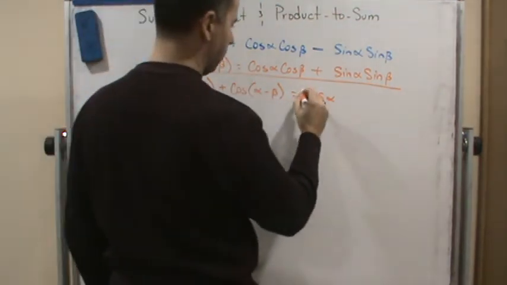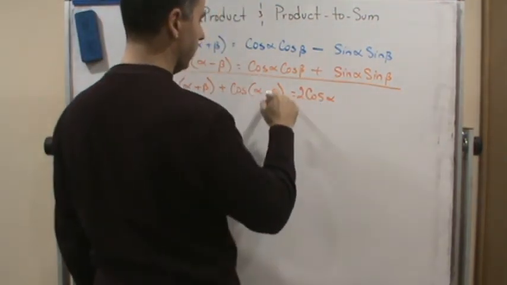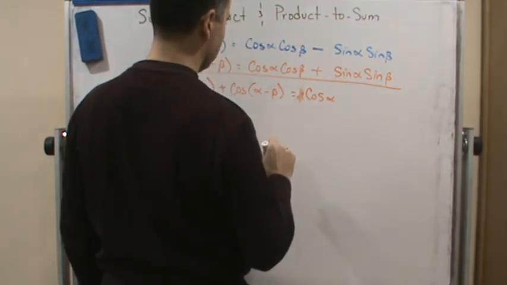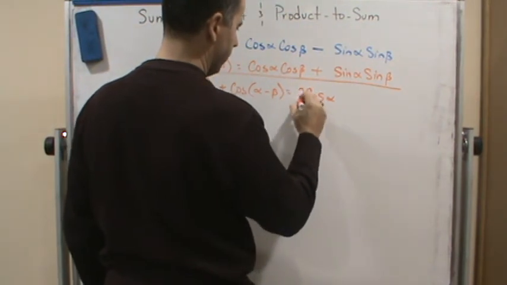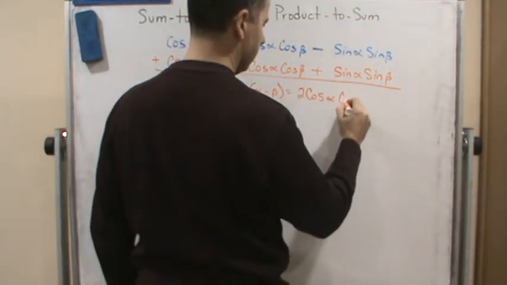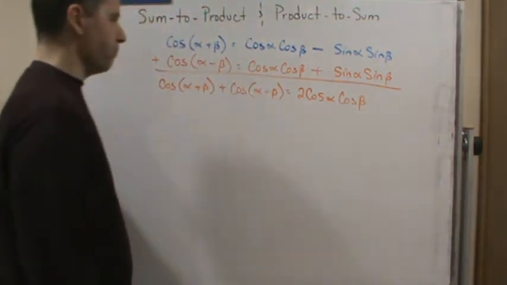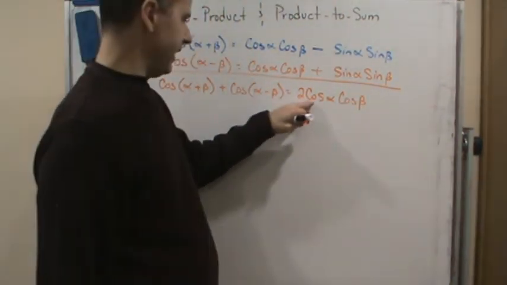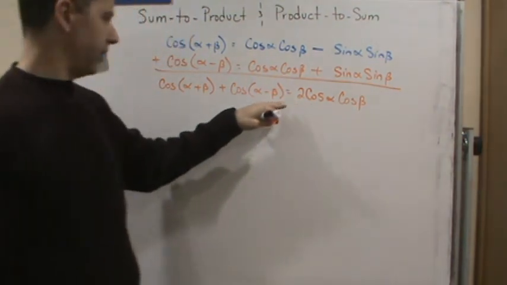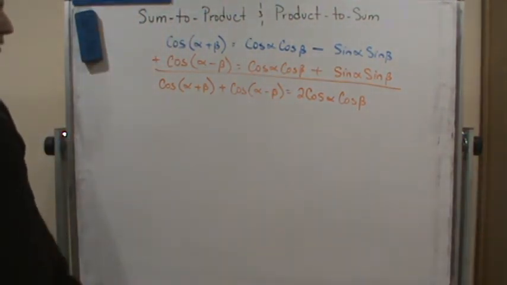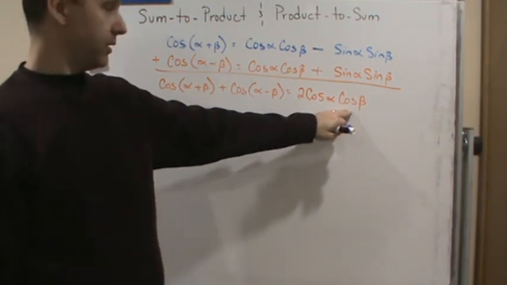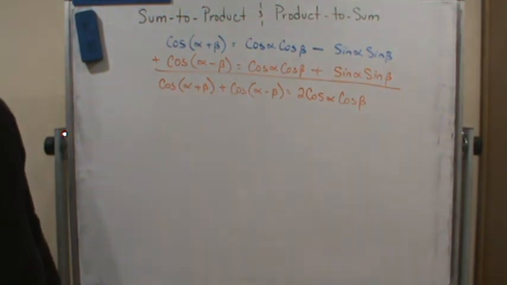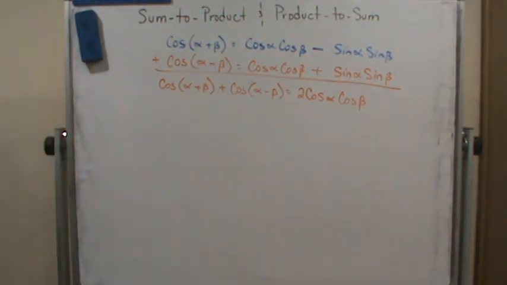So we're going to end up with 2. Yes, we're adding, so this is going to be 2 times cosine alpha cosine beta. And so now you see that we have a product on this side and a sum on this side. So we can rewrite a product of cosine functions as a sum of cosine functions. And so that's one of the formulas that we get.